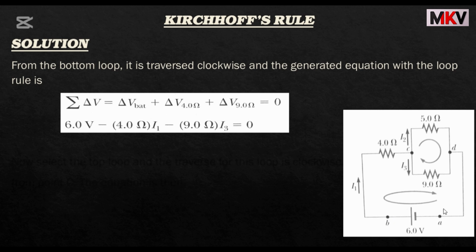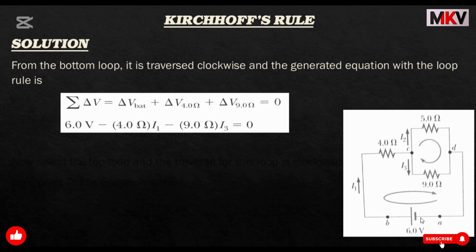But across the 4 ohm resistor, it's moving in the direction of B to A, so it will be minus. And the 9 ohm resistor is also in the direction of B to A, so it will also be minus. But the voltage source is from minus to plus.